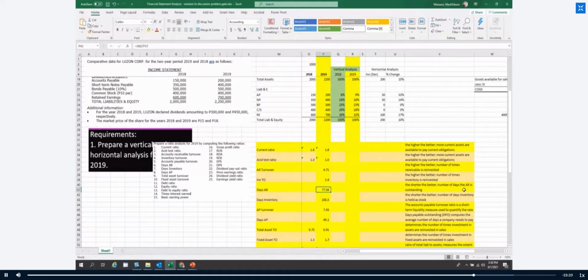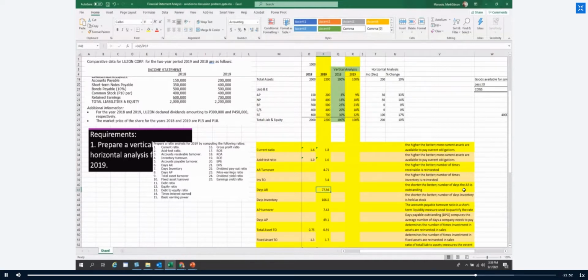So again, the gauge here is to compare it with the other industry players. How long do they collect their accounts receivable? So from there, you will need to strategize. For example, Luzon Corporation takes 77.56 days before they collect their AR, and yet Globe takes only 30 days. We have to reassess.